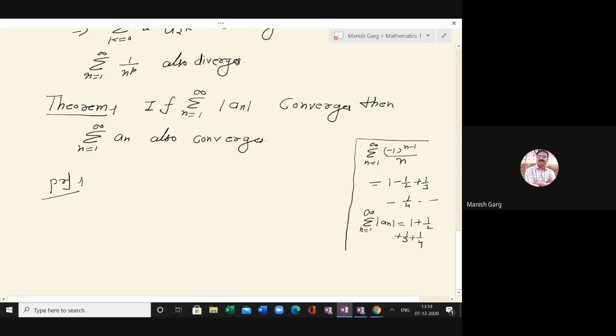If you take all the positive terms and it converges, then you can say this previous alternating series, in which positive and negative terms are present, will also converge. The theorem is clear.